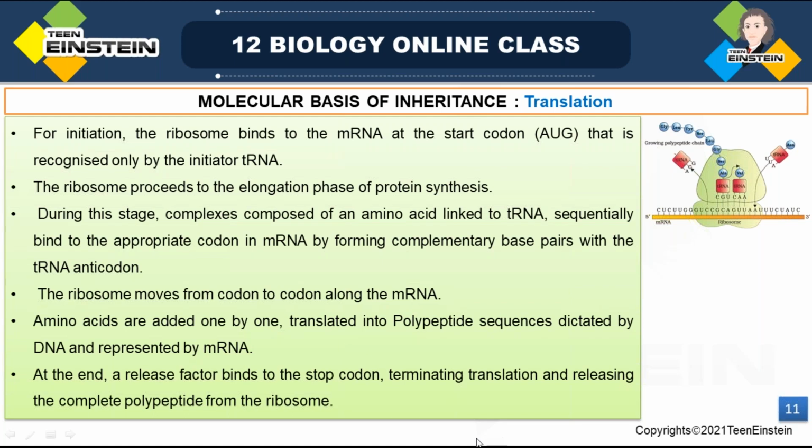at the end of that process, a release factor binds to the stop codon. So there comes the termination, terminating that translation and thereby releasing the complete polypeptide from the ribosome. At the end of the growing polypeptide chain formation, a release factor binds to the stop codon and terminates the translation.